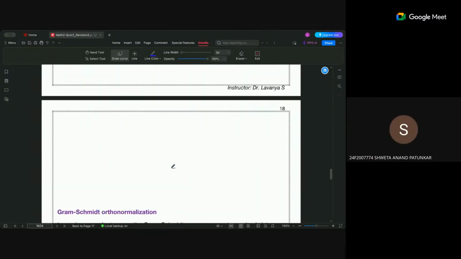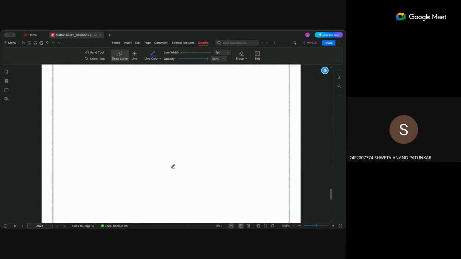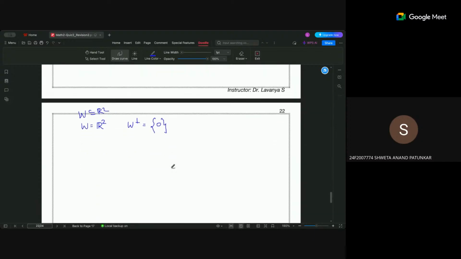Ma'am, by this logic, if we have the null space with full dimension, the zero vector will always be the orthogonal vector. If W is your entire space, then W perp is always the zero space. And if W is your zero space, your W perp is definitely the entire space. Fine? Okay, ma'am.